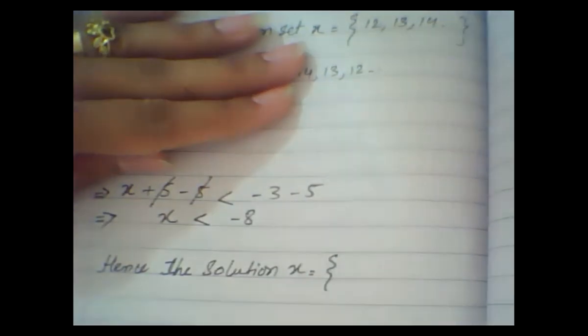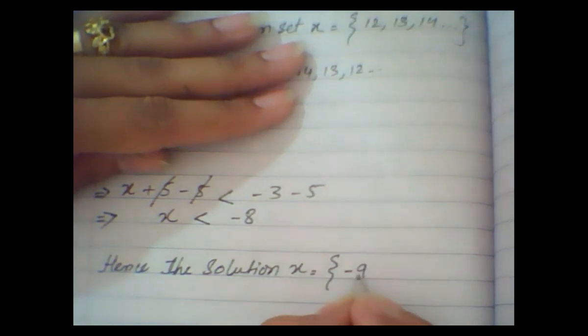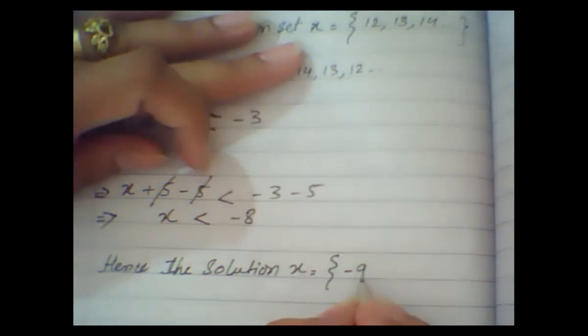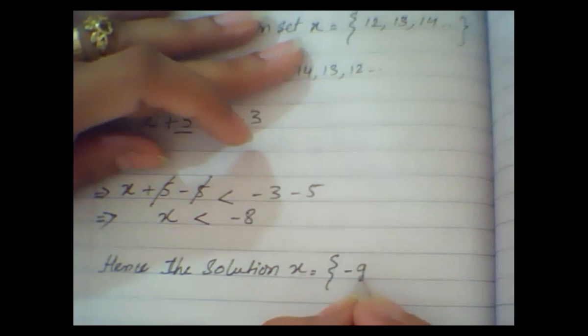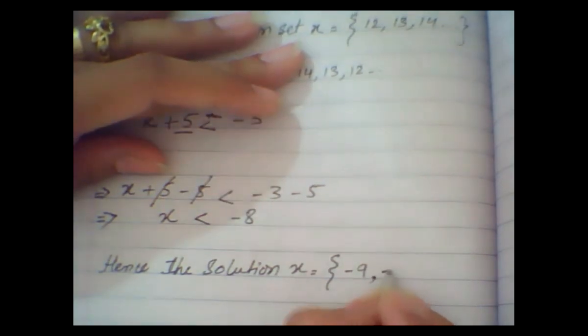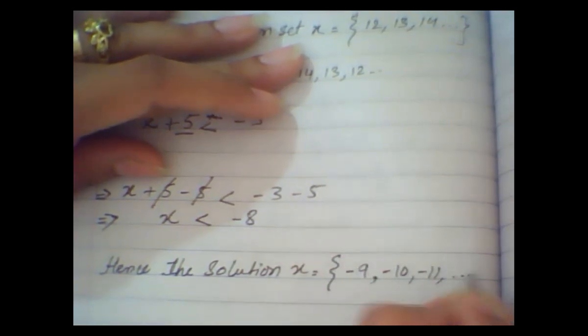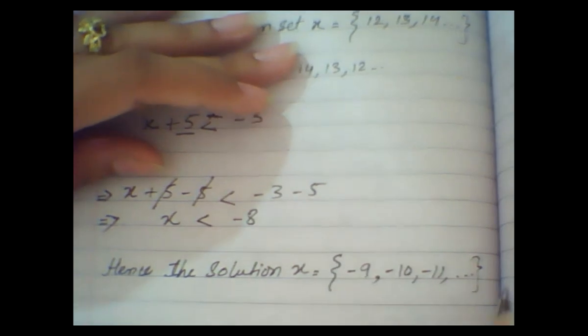Which values are less than minus 8? Minus 9. Minus 9 is smaller than minus 8. So minus 9, minus 10, minus 11, and so on.